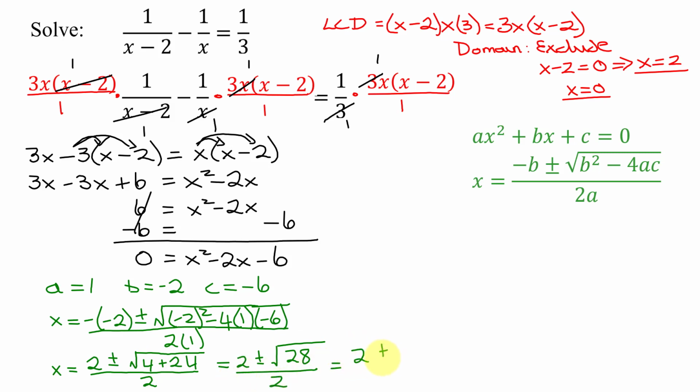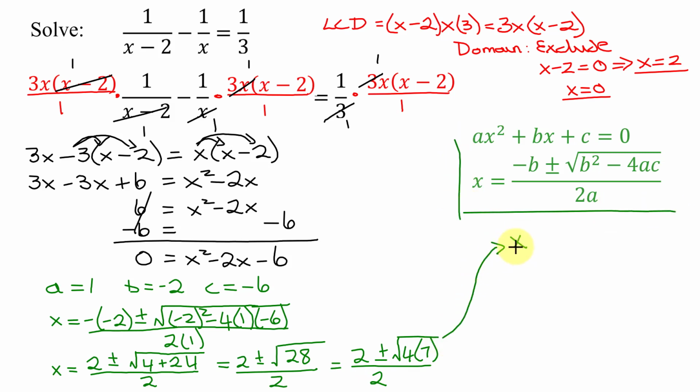So I have 2 plus or minus the square root of, let's factor 28. The simplest way is 4 times 7, 4 being a perfect square, all divided by 2. Sorry, I'm running out of room, so I'm going to have to go up here. So x equals 2 plus or minus the square root of 4 is 2.